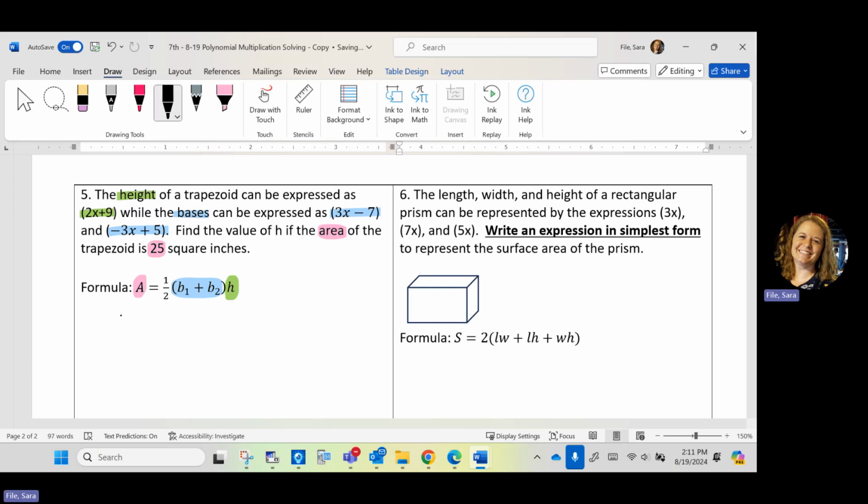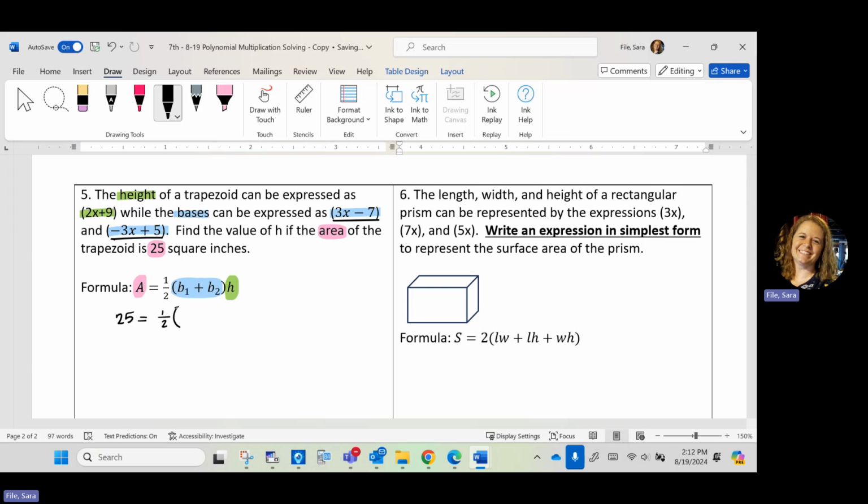Okay, so we would have 25 equals 1/2. Now, here in the parentheses, I'm adding these two binomials. When I'm adding binomials, or any polynomials, I don't have to have parentheses inside this.